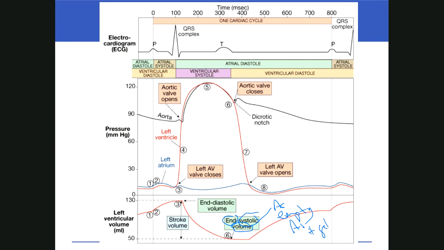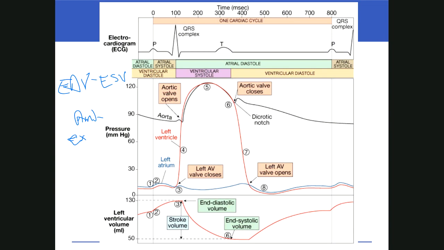So we have these 2 points, EDV and ESV. Well, if we subtract those two, we get the amount that came out, the amount that exited the heart. And that has a name too.